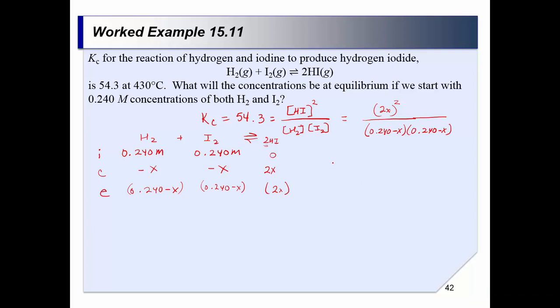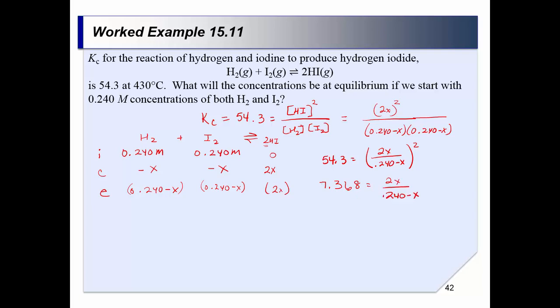Now this becomes an easier expression to solve if you recognize that what I have is 2x over 0.240 minus x, squared. So I can take the square root of both sides, and when I do, I get 7.36, and I have more digits here, I'm just going to leave them in my calculator, is equal to this expression.